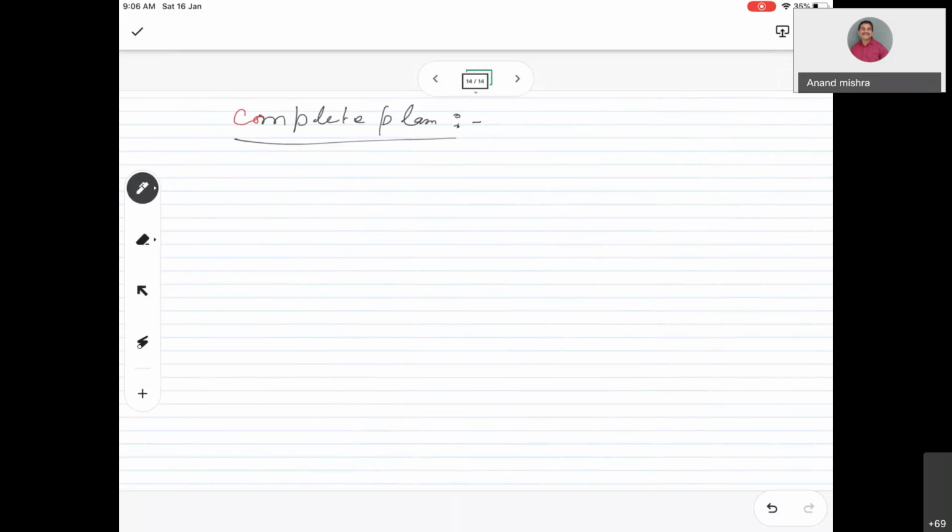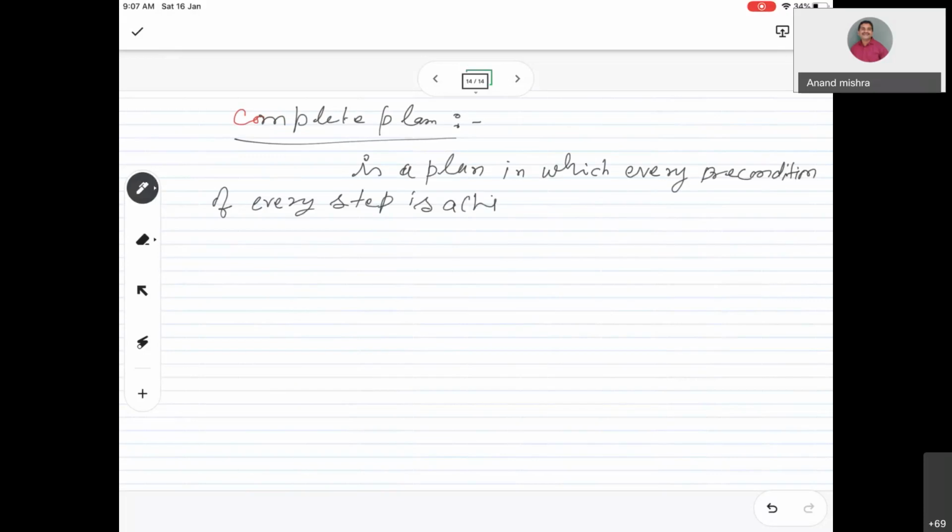A complete plan is one in which every precondition of every step is achieved by some other step, right? So this is called a complete plan.